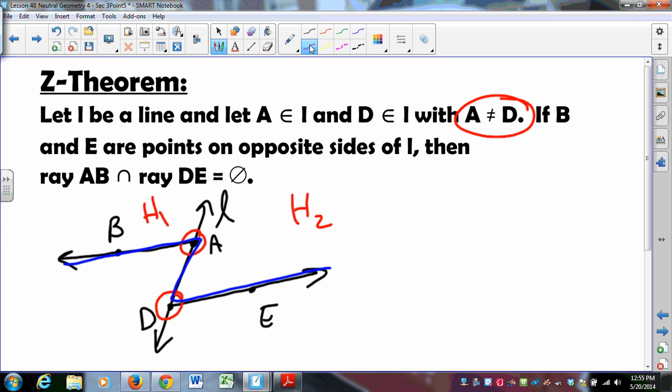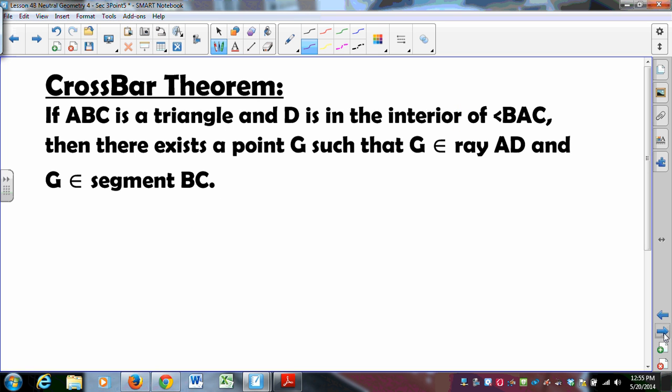Now, we need that because we need this. If ABC is a triangle and D is in the interior of angle BAC, then there exists a point G such that G is on ray AD and G is on segment BC.